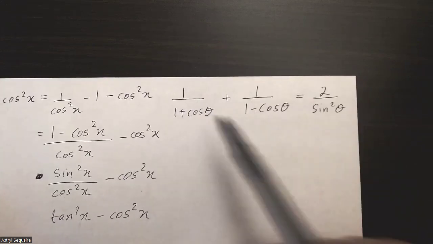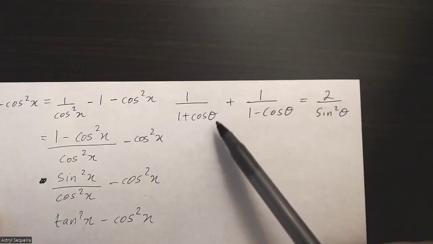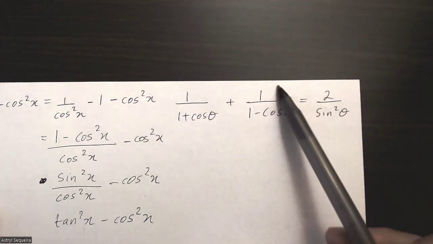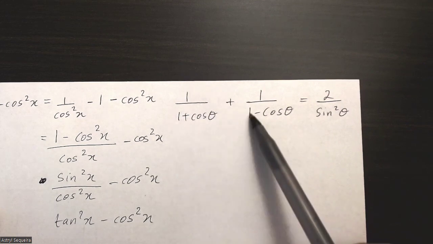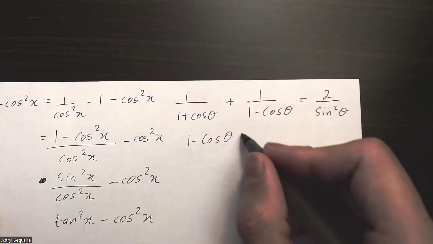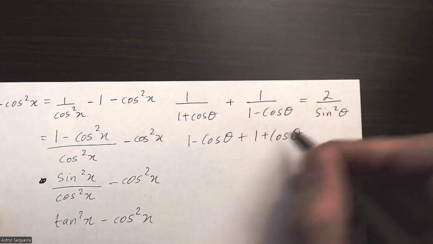And let's go to this last question over here. Again, I want to work on the left side. It's more complicated. I just want to make a common denominator. So I'm going to multiply the top and bottom by 1 plus cos here and by 1 minus cos here. So 1 times 1 minus cos is just 1 minus cos theta. 1 times 1 plus cos is just 1 plus cos theta.